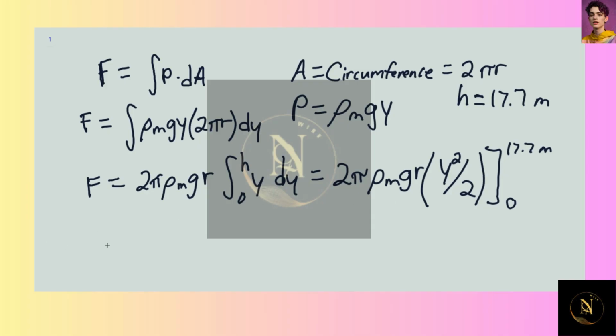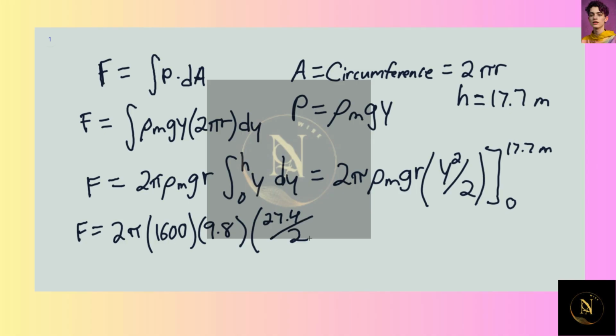And at this point, we can simply plug in for our knowns. So we have 2 pi. The density of molasses is going to be 1,600 kilograms per cubic meter. And then 9.8 meters per second squared is the acceleration due to gravity. The radius here is going to be the 27.4 meters divided by 2. And then, of course, at 0, this is going to equal 0.